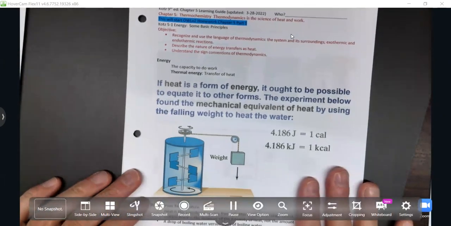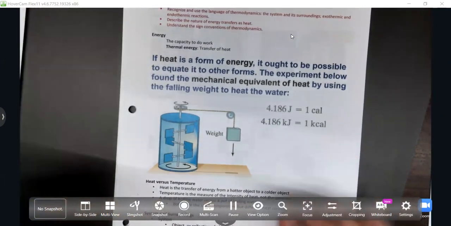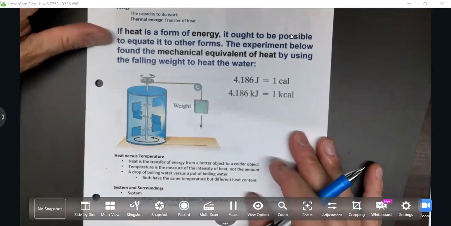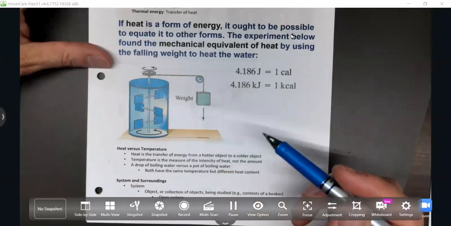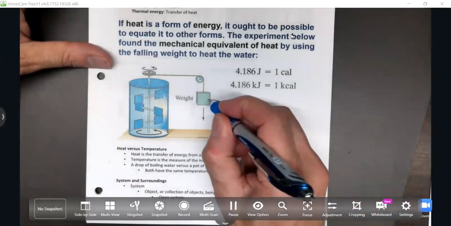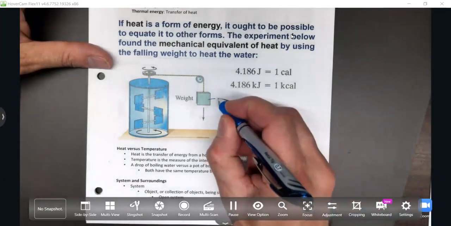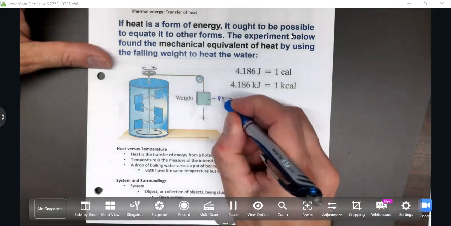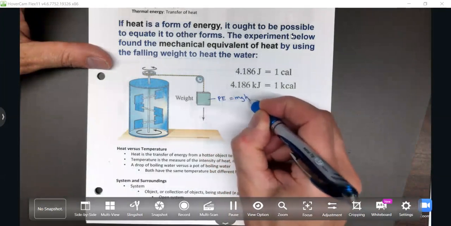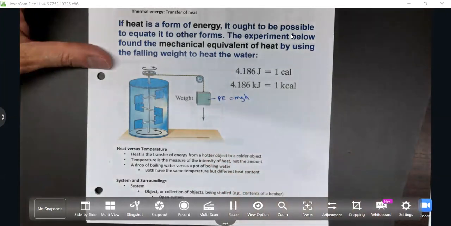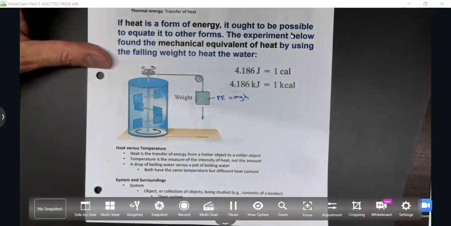So if we go way, way back, if we take this weighted object, and some of you have had some background in probably physics, where you would say the potential energy of this is mgh. That look familiar to some, right?